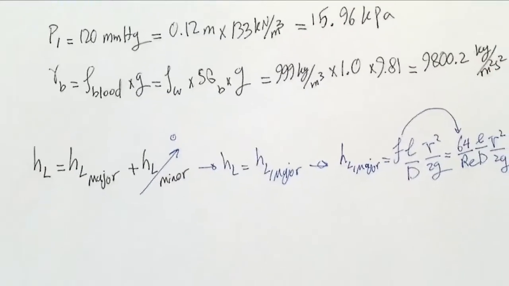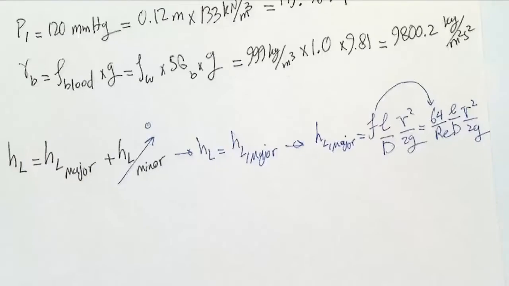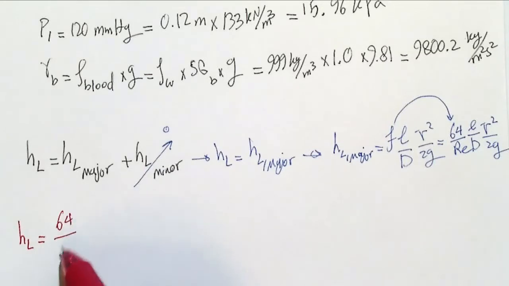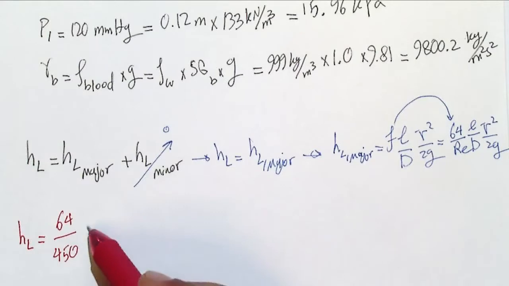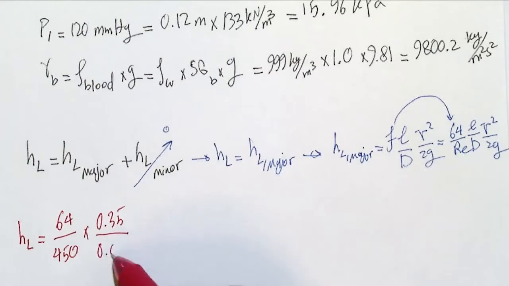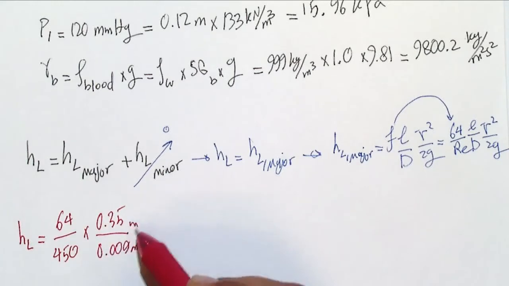Then in general HL can be found as 64 over 450, which is your Reynolds number, times L, which is 35.35 meter, and D is 0.009 meter.